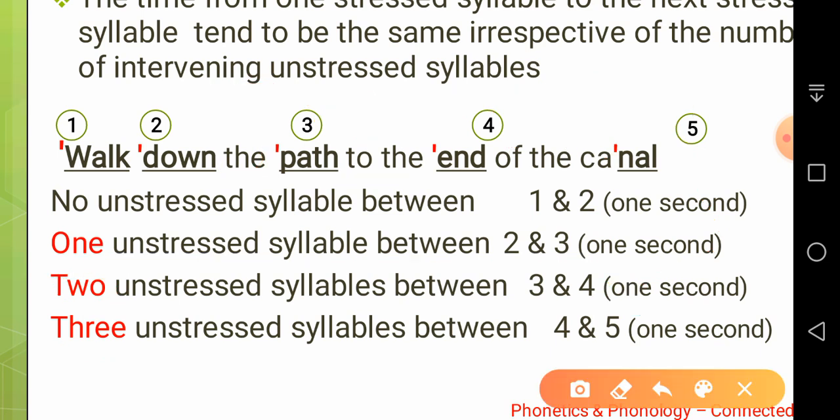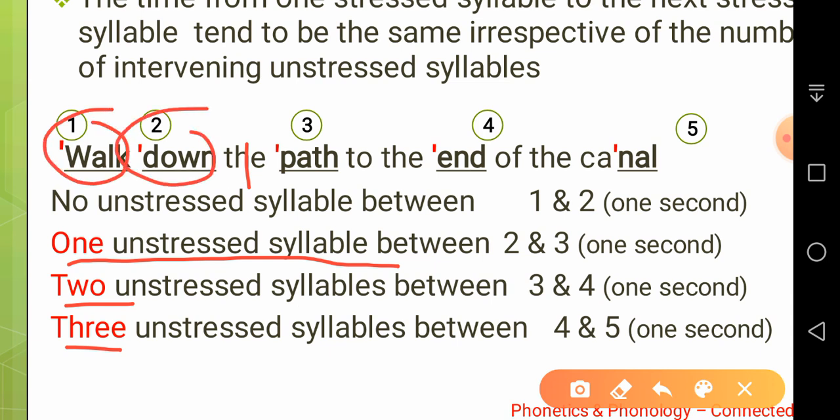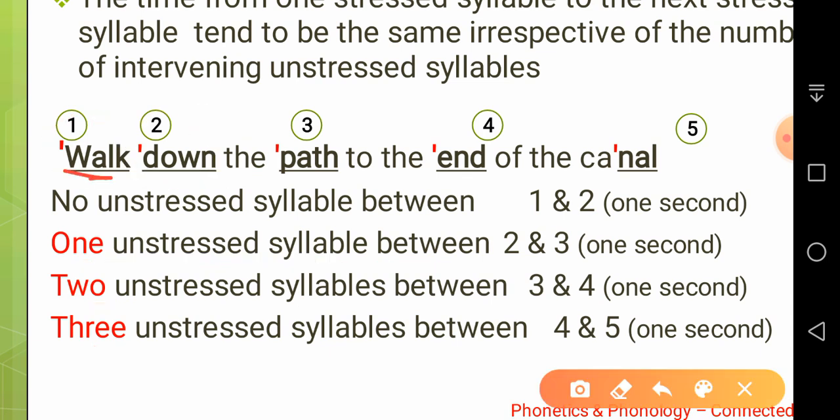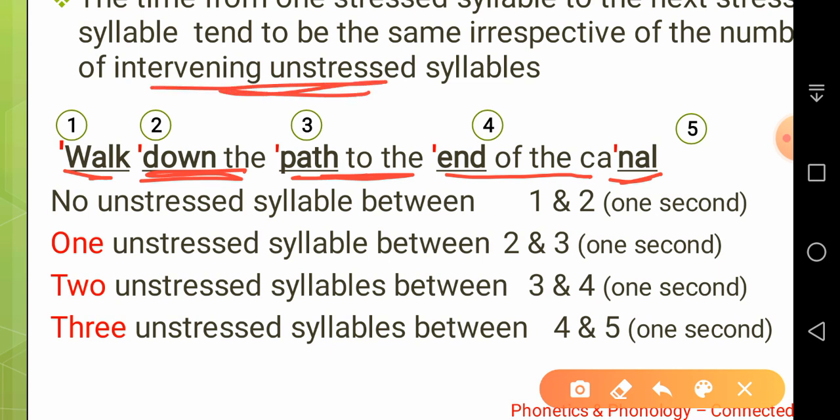Although this has one unstressed syllable, this has two, and this has three, the same time will be taken. Each stressed syllable, regardless of the intervening number of unstressed syllables between, will be stressed with an equal amount of time.